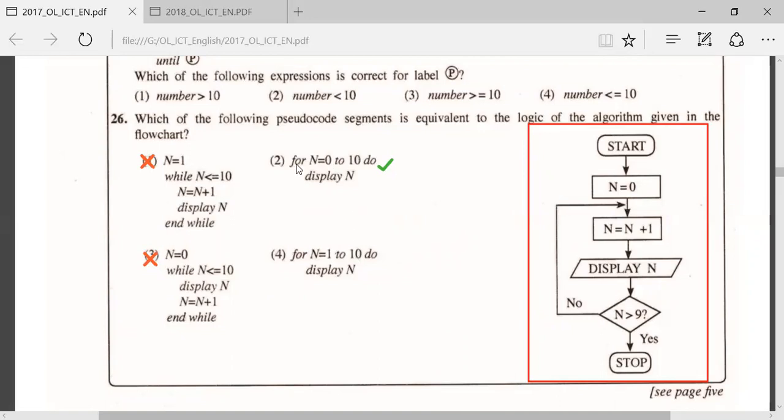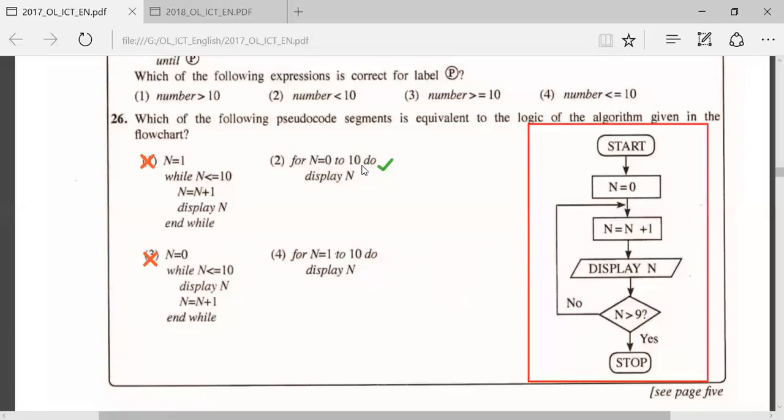For loop. Can you remember the for loop? When we provide n is equal to 0 to 10, display n. Right? What will happen? Whether 0 is printed or 1 is printed.